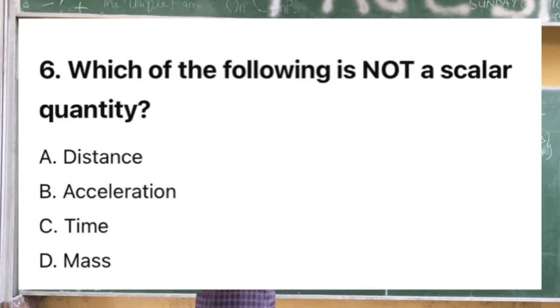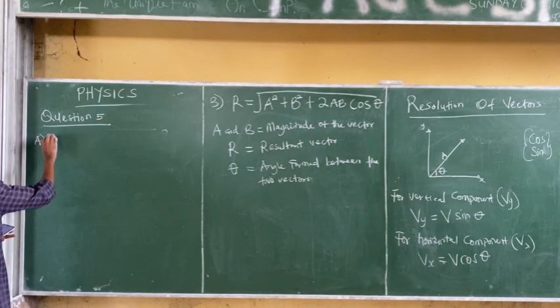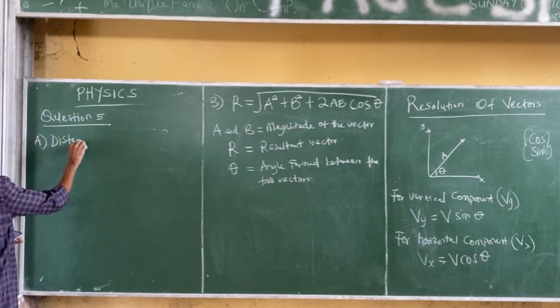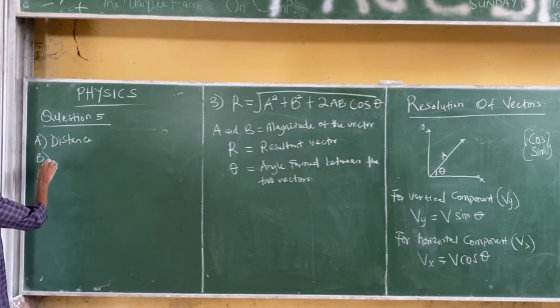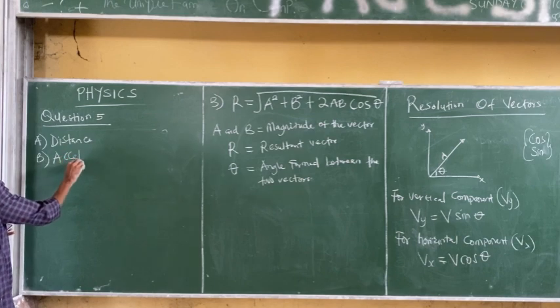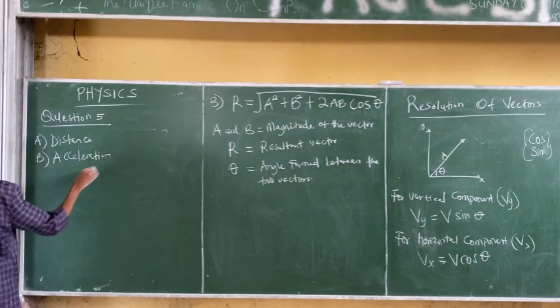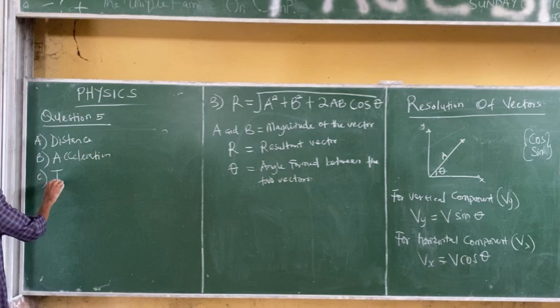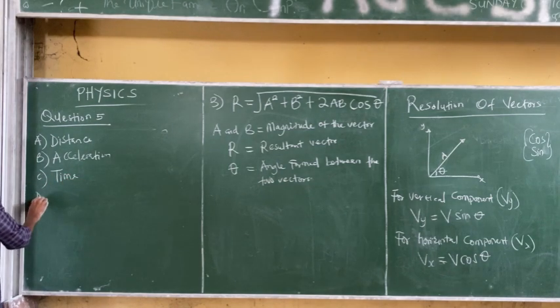Option A, we have distance, B, acceleration, C, time, and D, mass.